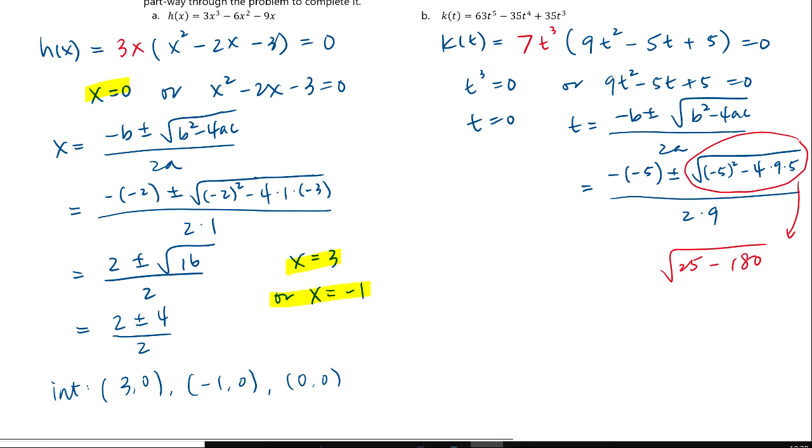If we see this difference gives us a negative result over here, we would know that we can't find any real number solution. So we can say there is no real number solution for the equation for the quadratic part.